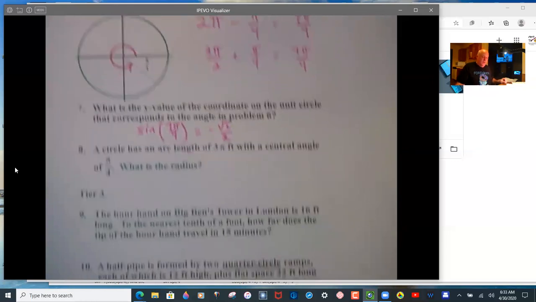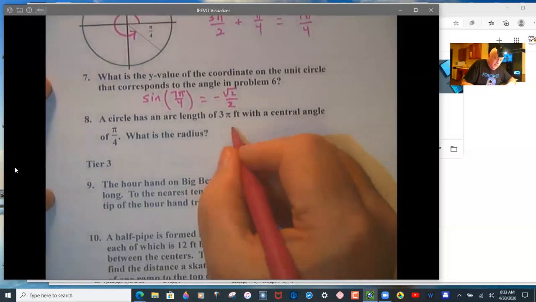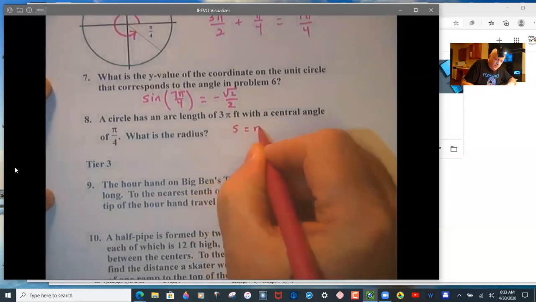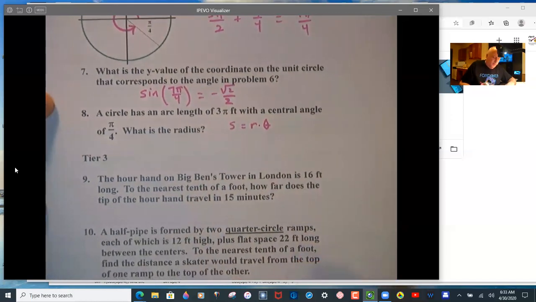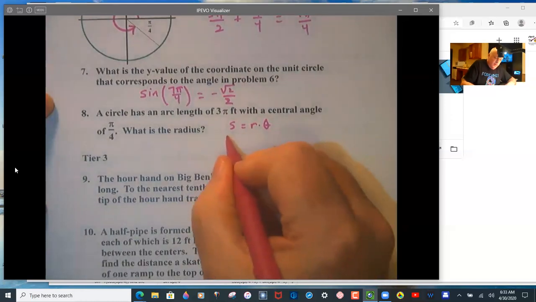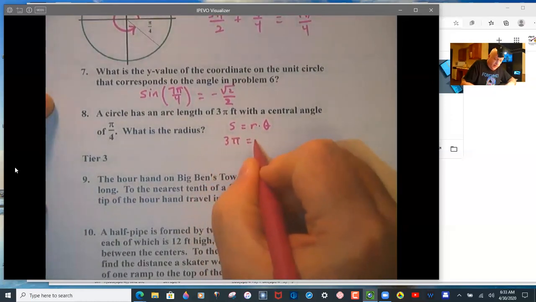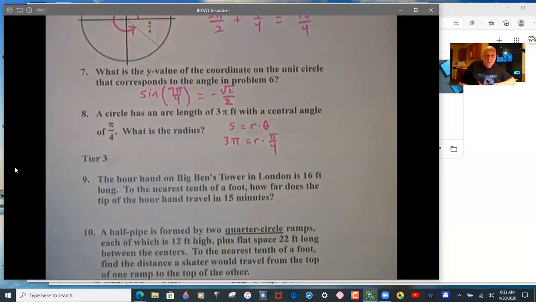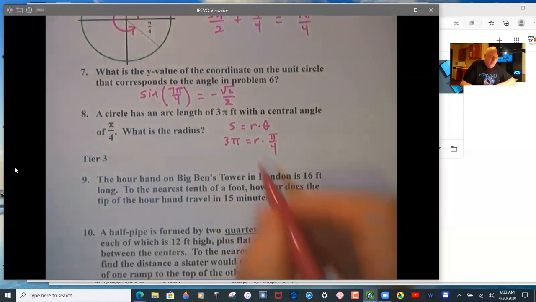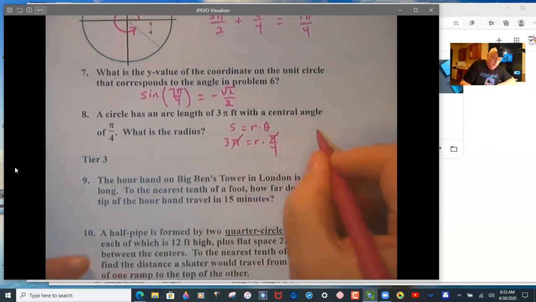Okay, 8. A circle has an arc length of 3 pi. So we've got this formula again, with a central angle of pi over 4. So good, it's given in radians. And so 3 pi equals r times pi over 4. And then remember how this works. We can do a little cross product, eliminate the pi's first.